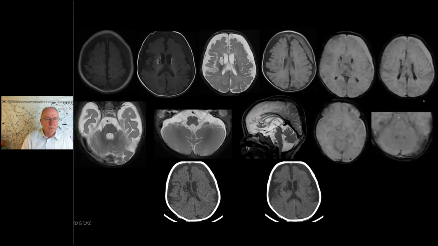So we have an MR and a CT done. From the MR images, you can appreciate that there are bilateral subdural collections and also some areas of necrosis or cavitation in the bilateral basal ganglia. These changes demonstrate blooming on the SWI sequence with no corresponding areas of calcification, suggestive of a bleed.